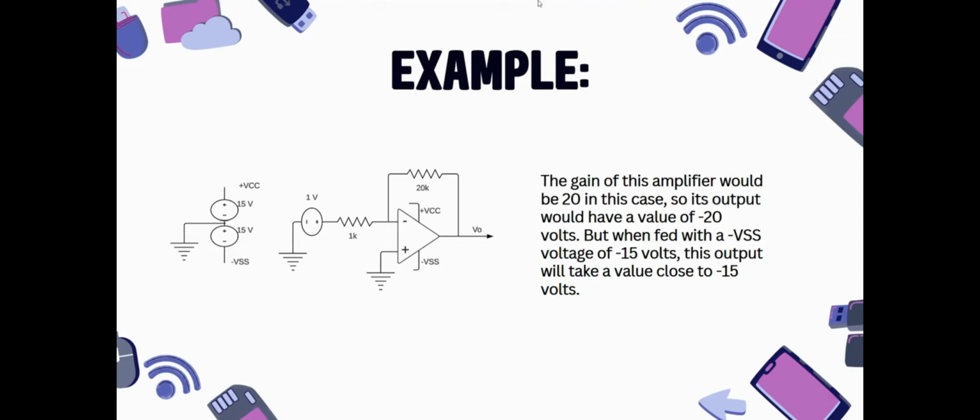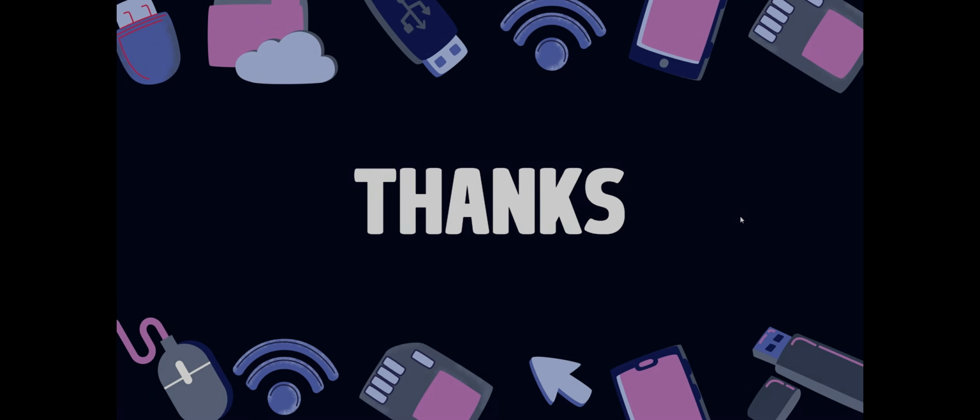For example, the gain of this amplifier will be 20 in this case, so its output would have a value of minus 20 volts, but when fed with a minus VSS voltage of minus 15 volts, this output will take a value close to minus 15 volts.